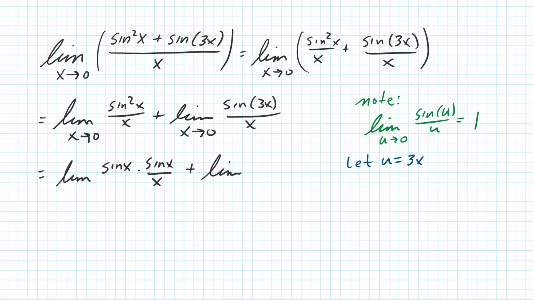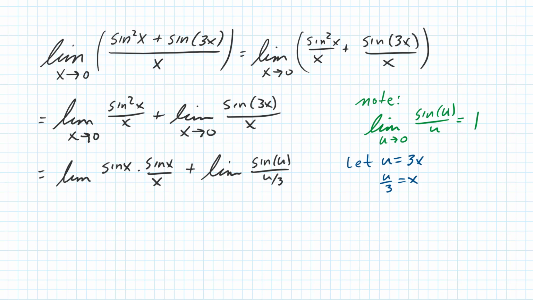So in that case, we'll have sine of u. Now x would be u over 3, right? So u over 3 would be equal to x. And so over here I can write this as u over 3.